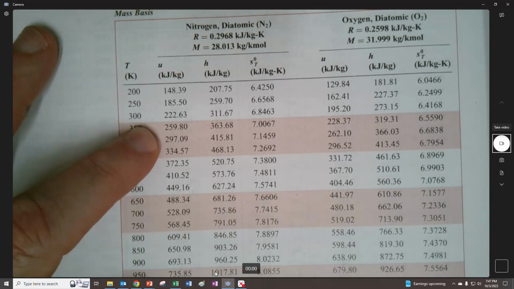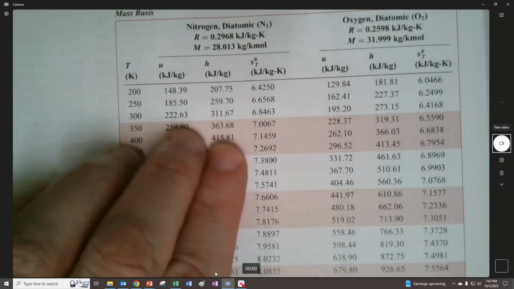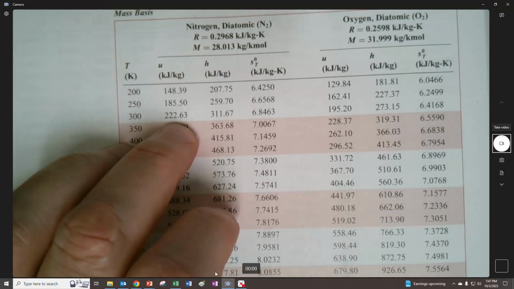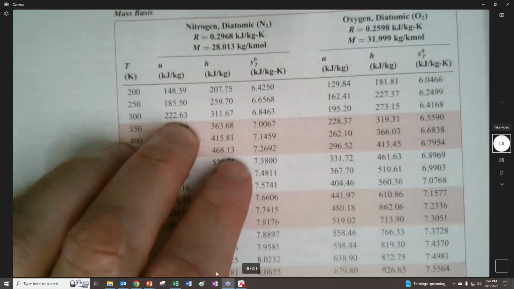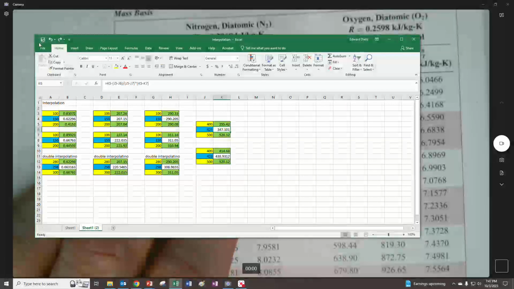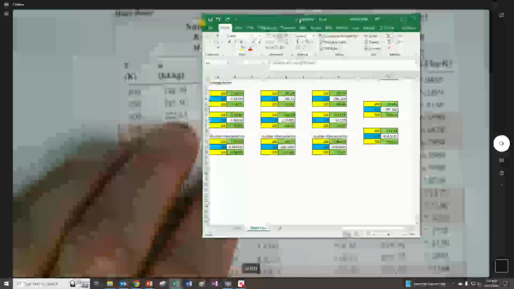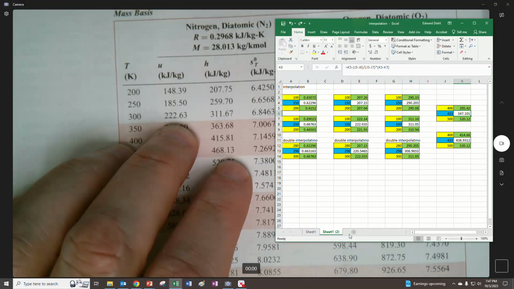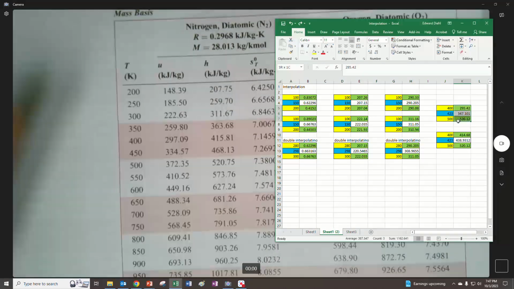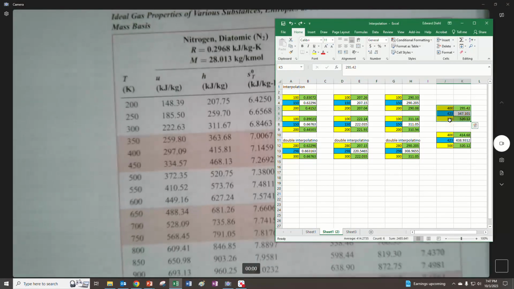And so we need the 298 for, and I'm not going to bother with enthalpy. Let's just start with internal energy. All right, 222.63. Let's see. I will cheat and go to a new page and just take my regular old interpolation here.